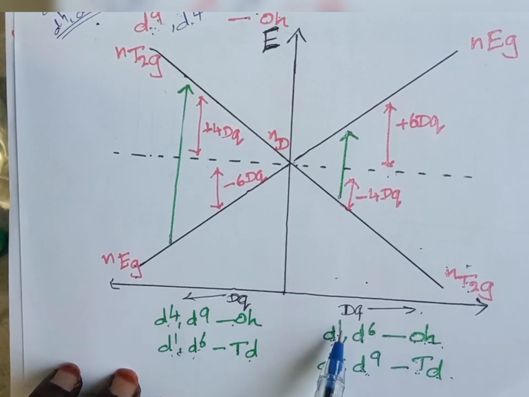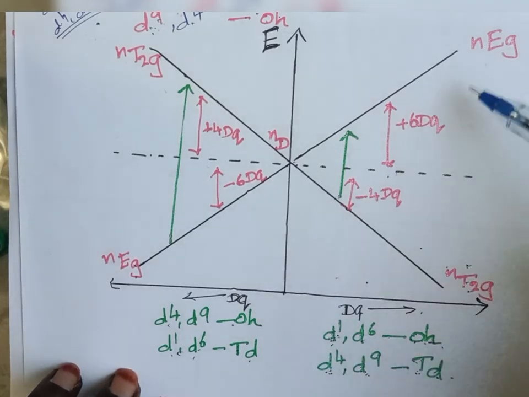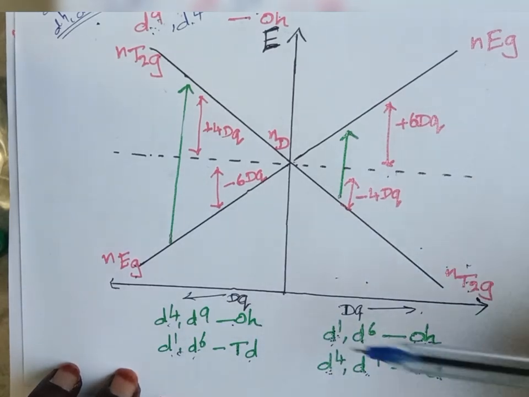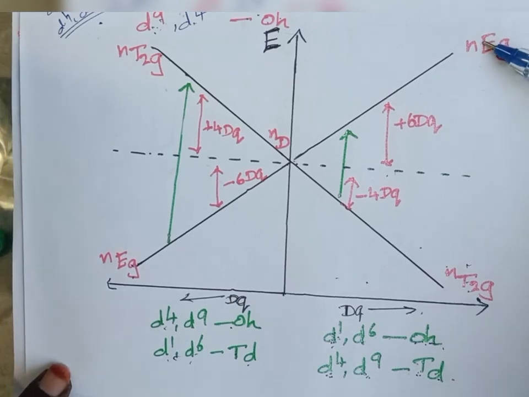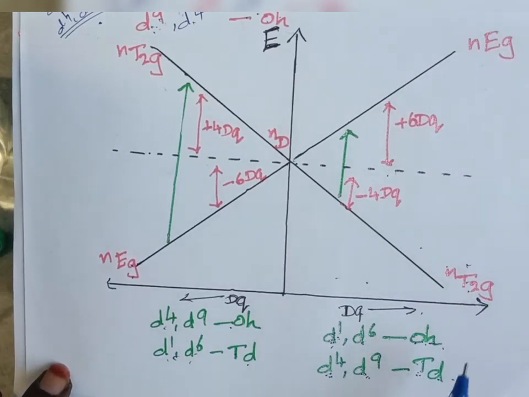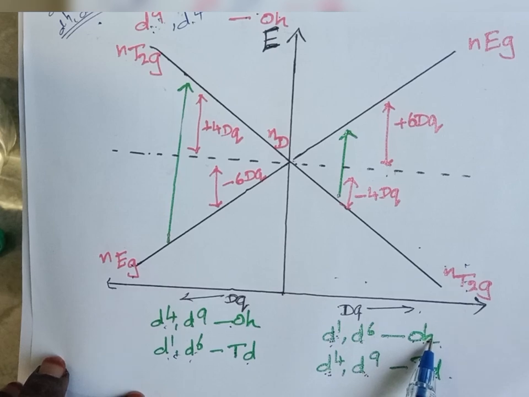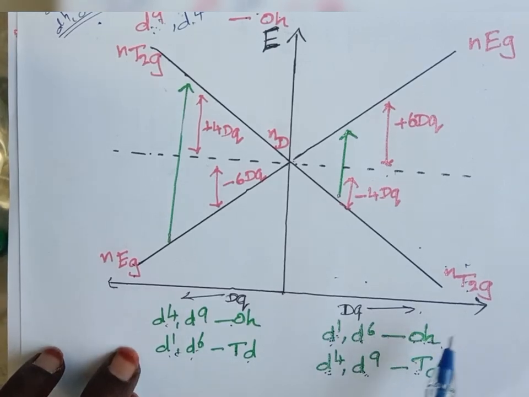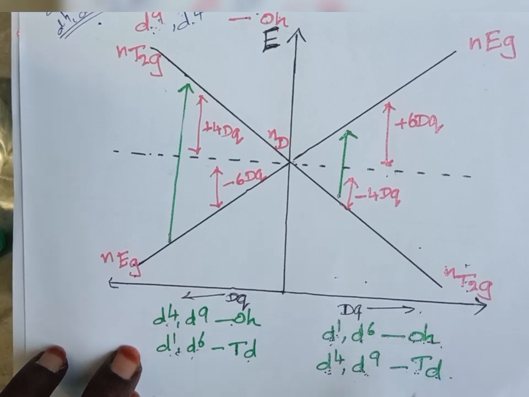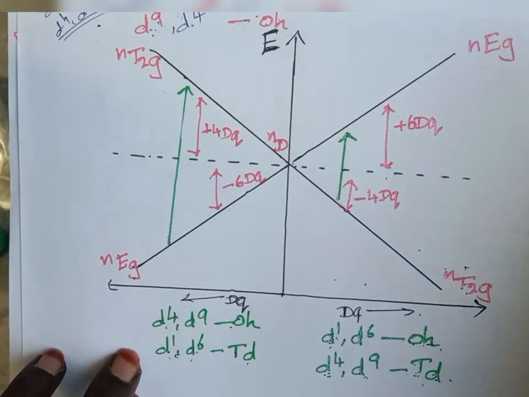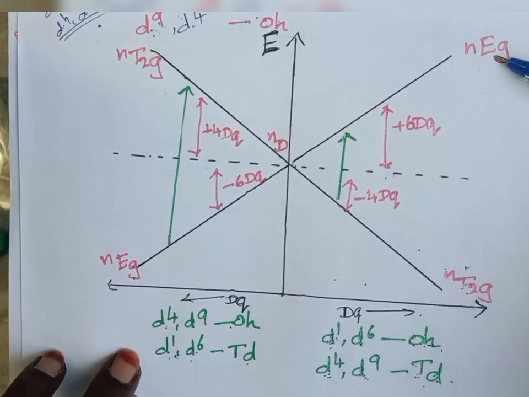So d^n and d^(n+5), that is d1 and d6 octahedral, will have the same diagrams, where for d1 the multiplicity is 2 and for d6 it is 5. And this d1, d6 octahedral diagram will be completely reversed for d4, d9 because they are hole-reverse configurations, right? So the d1, d6 octahedral diagram is applicable for d4, d9 tetrahedral, with the same T2g to Eg transition.